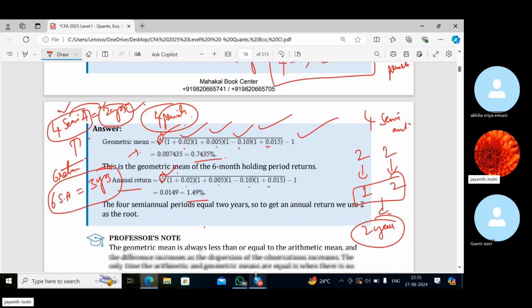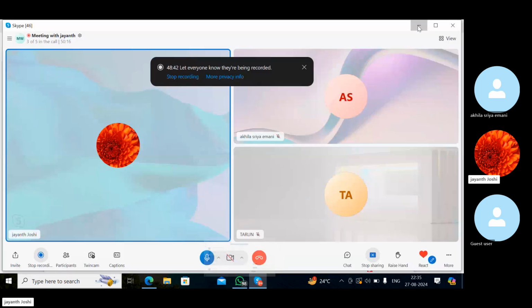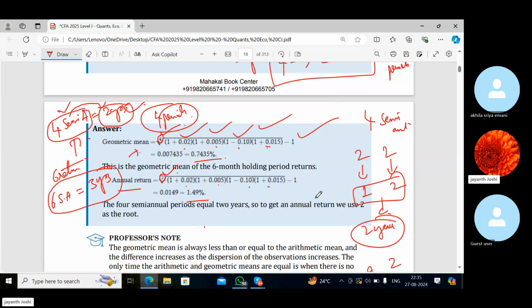Please calculate fast. If it's done, we'll move forward.